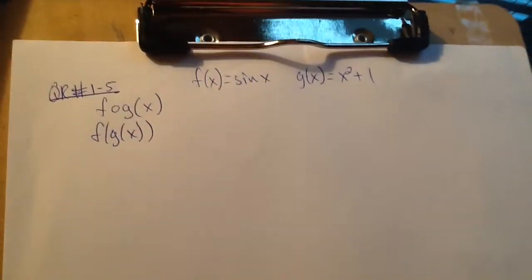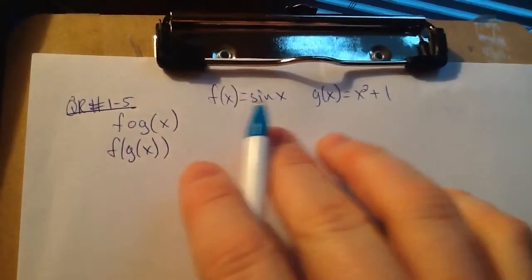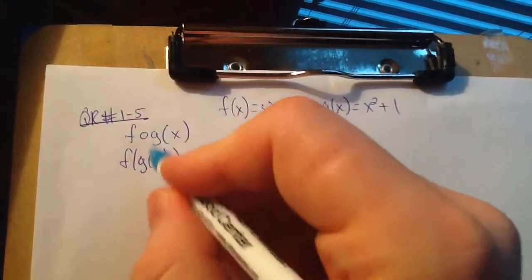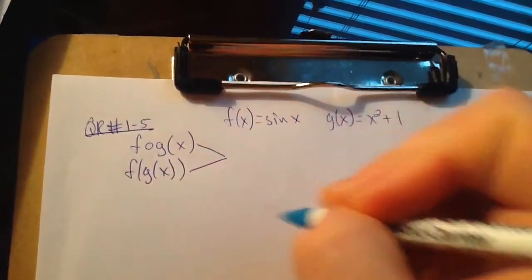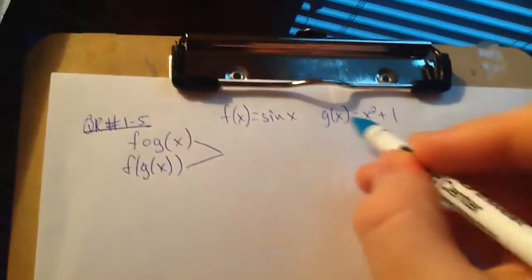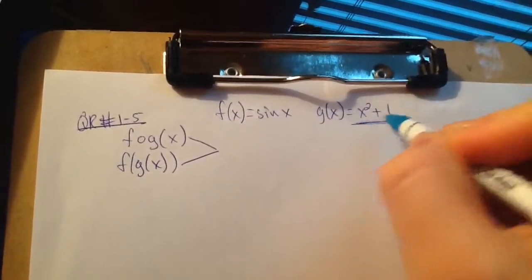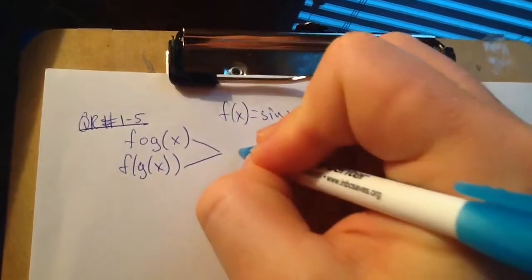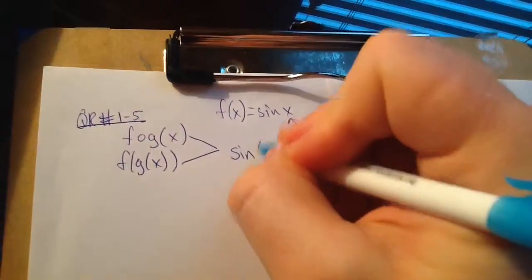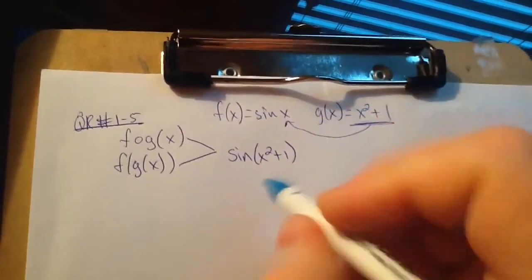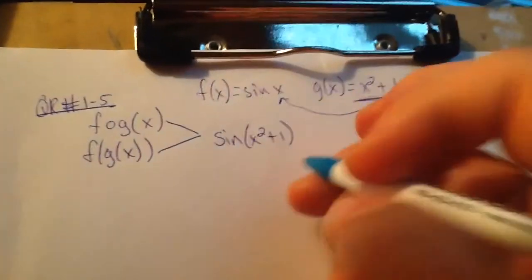I'm not going to do h of x right now, just want you to get the idea here. These mean the same thing, remember. So if I plug g in for f, so I plug this guy in for this x, I get sine of x squared plus 1. That is a composition of functions.